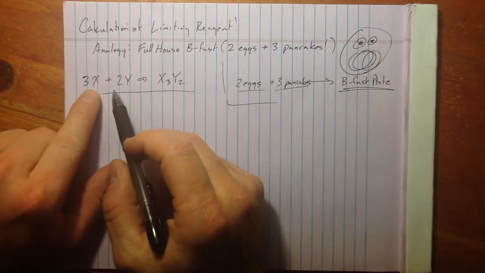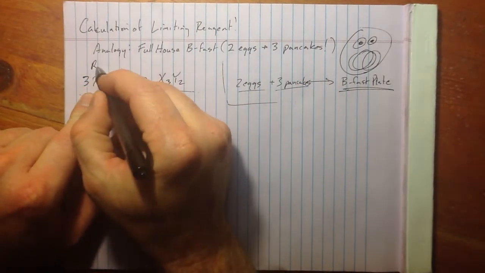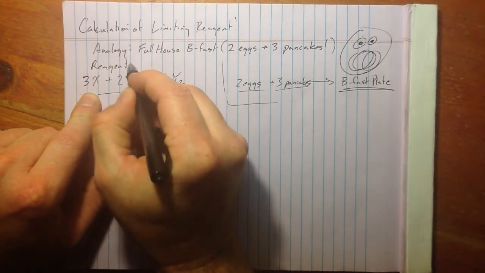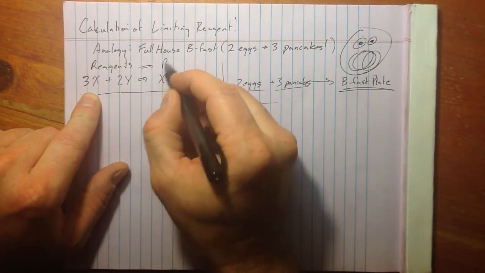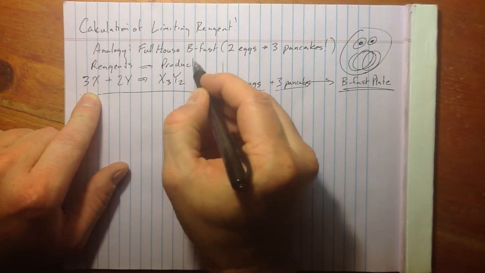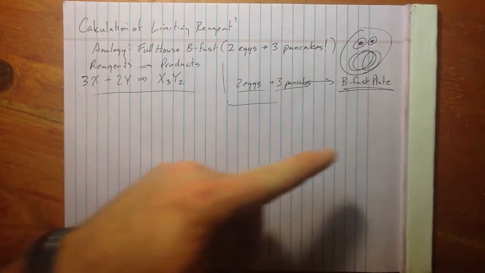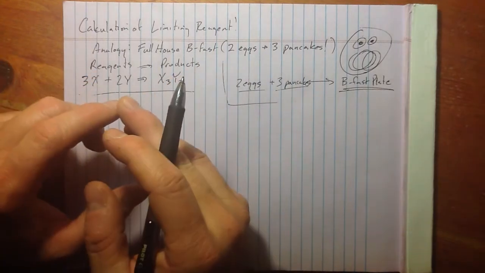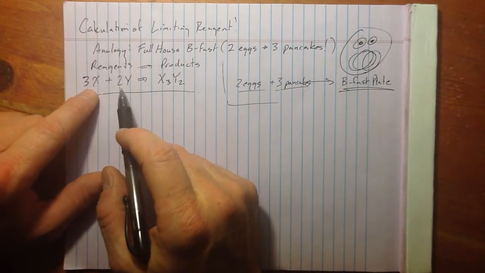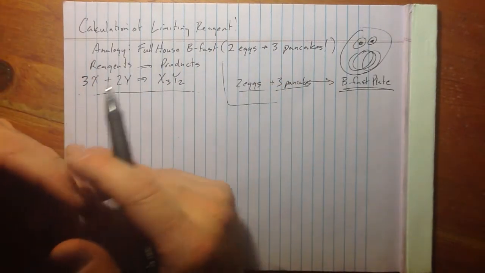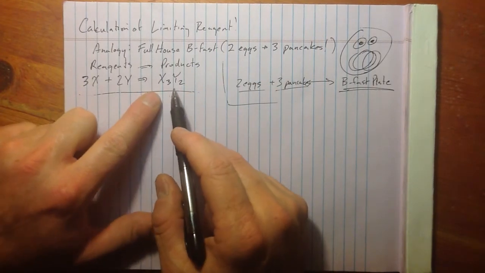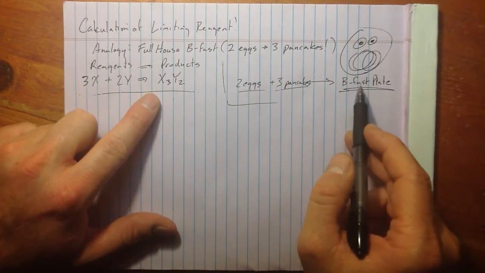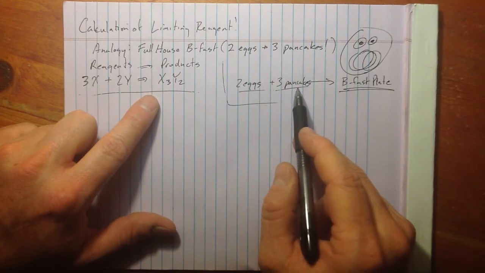As far as reactions, we have some combination of reagents going to products. We're not making full house breakfast plates, but we're making products from reagents. We're changing the reagents to make some product. We're combining these two to make a breakfast plate, 2 eggs and 3 pancakes.